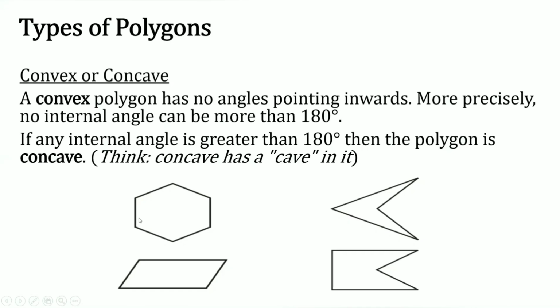They are called internal angles. They all are less than 180 degrees. While over here, this angle, if you see, which is lying inside the polygon, is more than 180 degrees. So such polygons are called concave polygons. You can see that this polygon has a cave inside, so it is called concave.